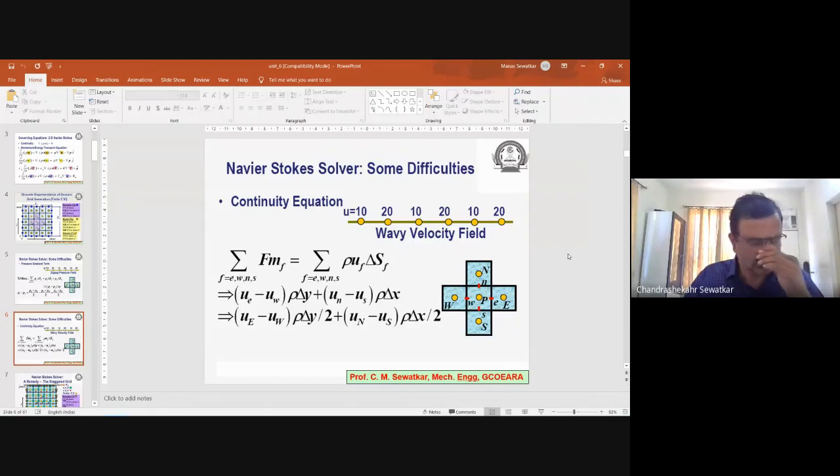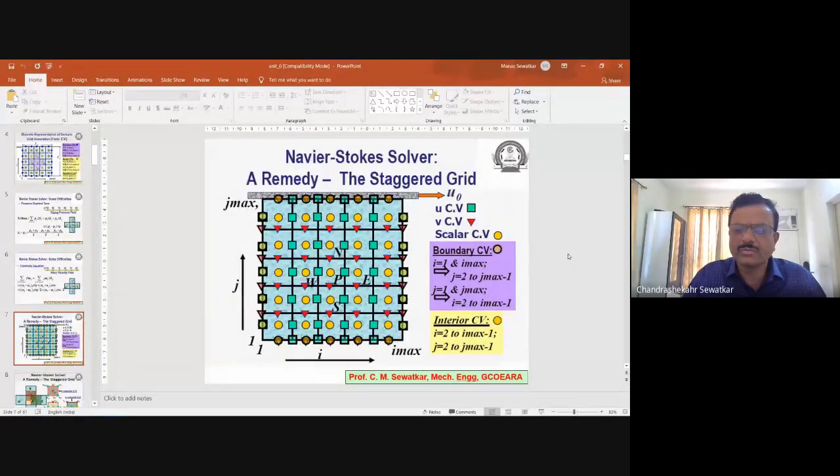Although later on people have developed solution methodologies even for co-located grids, still the finite volume methodology wherein a staggered grid is used is very popular in all the software, and hence we are dealing with that.